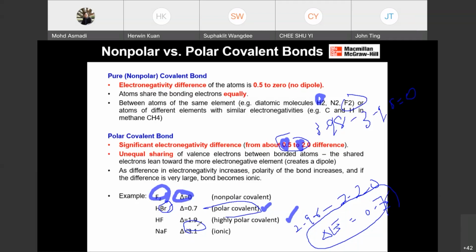And then 2.0 to 3 or 4, I don't think until 4, I think around 3.5 something, the bonding is going to be ionic bondings. Okay, because they have a very large difference, they can form ionic bonding.